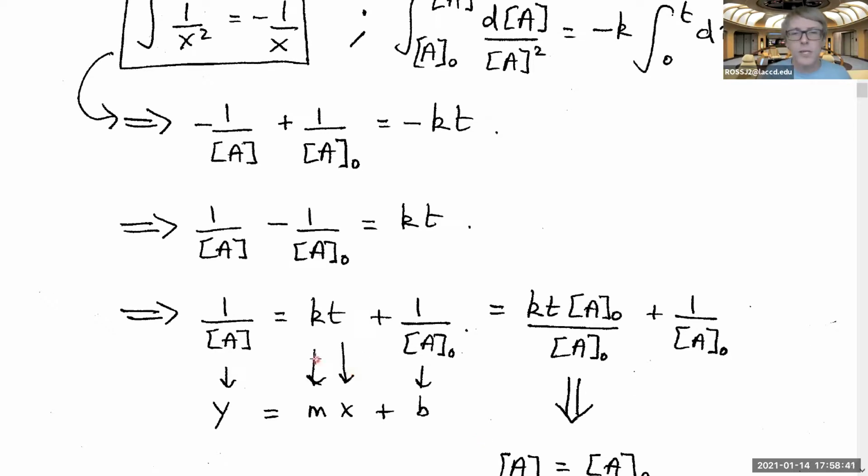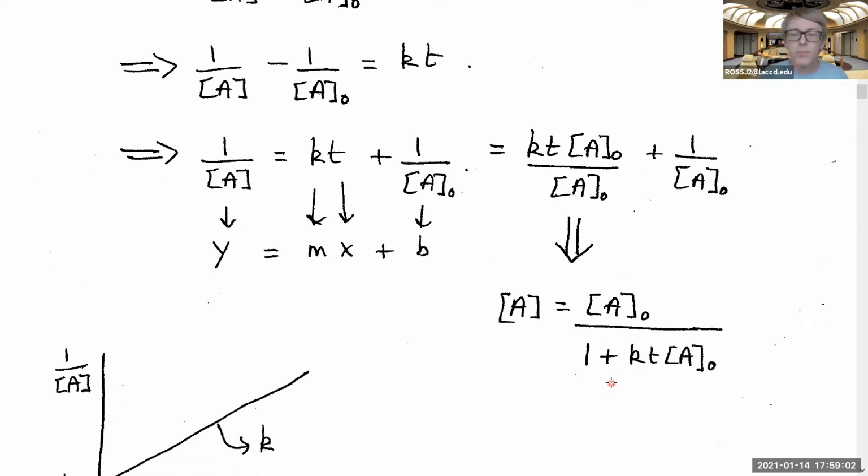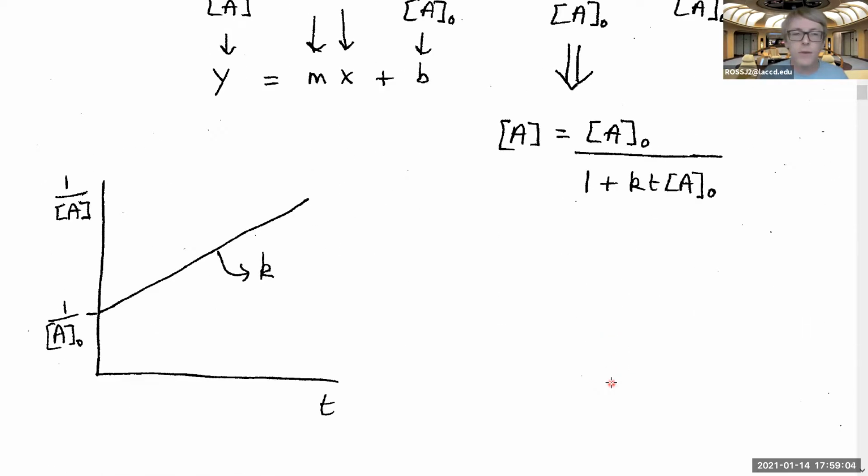If we transpose this minus 1 over A0 over to the other side, we can have again a y equals mx plus b expression. We can plot graphs on a spreadsheet, etc. Voila, and we can get access to the rate constant. So that's all pretty straightforward.